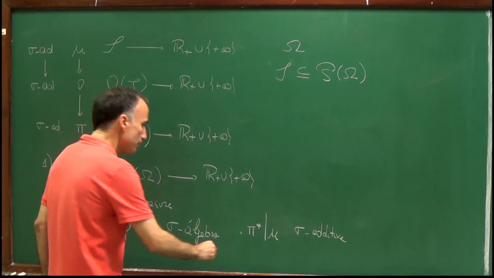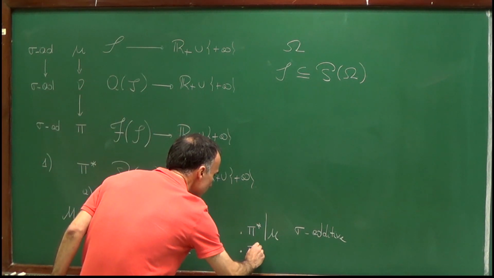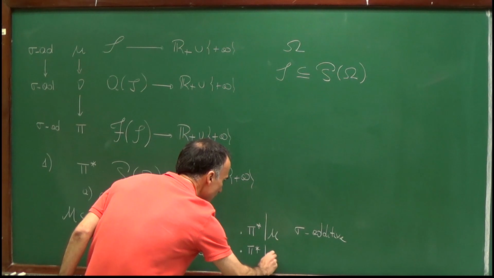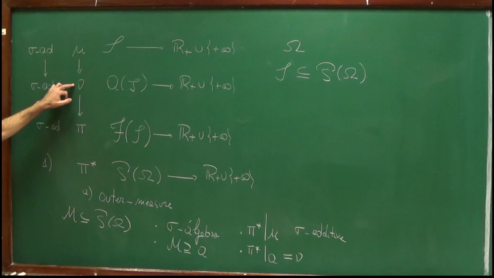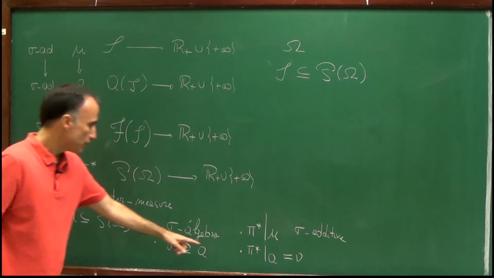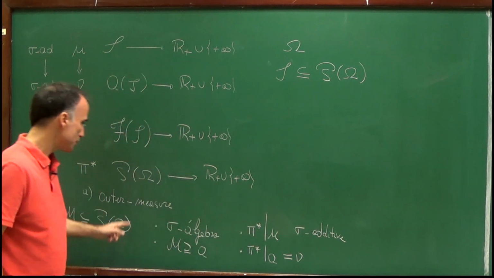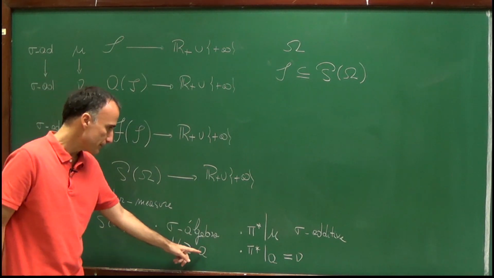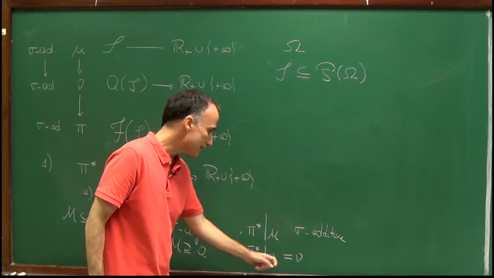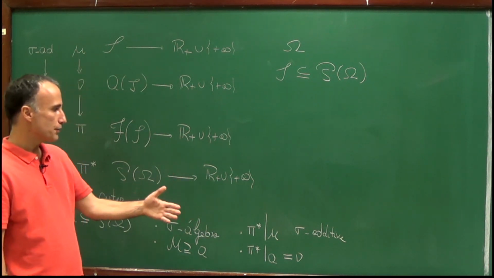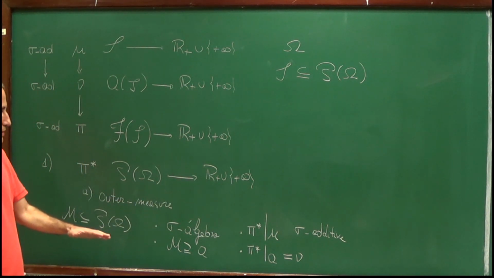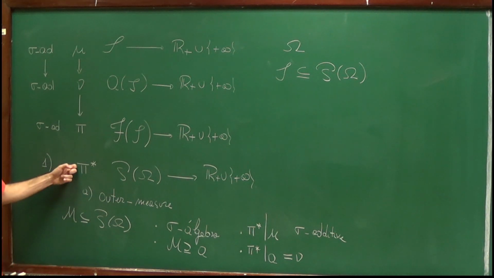That P star restricted to the algebra coincides with the measure from which we started. So P star restricted to M, which is a sigma algebra which contains the algebra, is therefore an extension of nu. And finally, we will prove that this extension is unique under certain conditions. So this is the plan of the lecture today. We'll first define this outer measure.